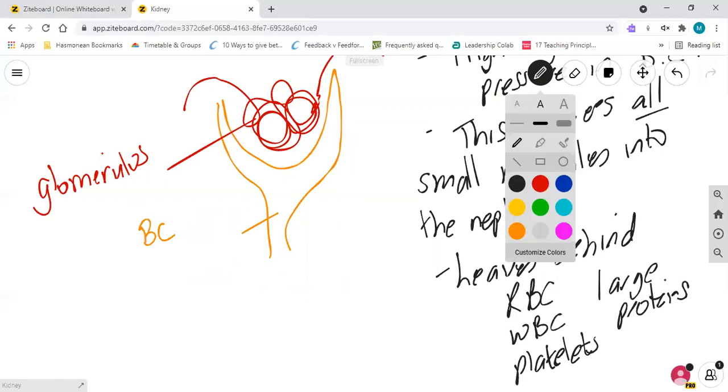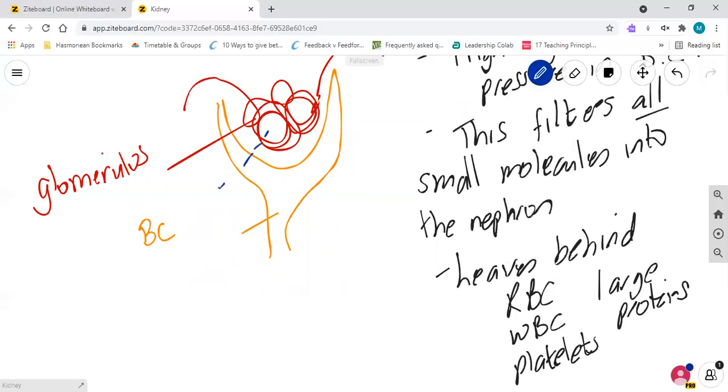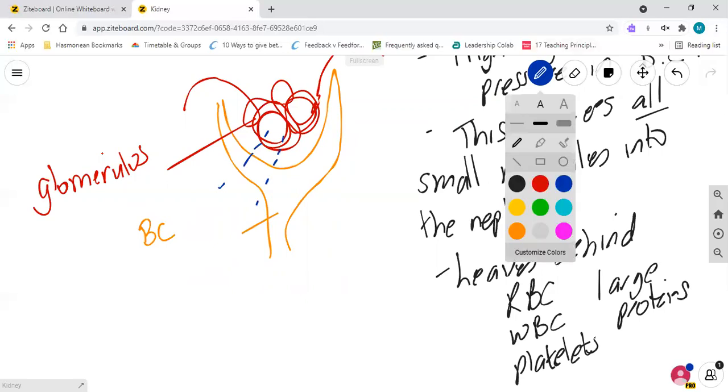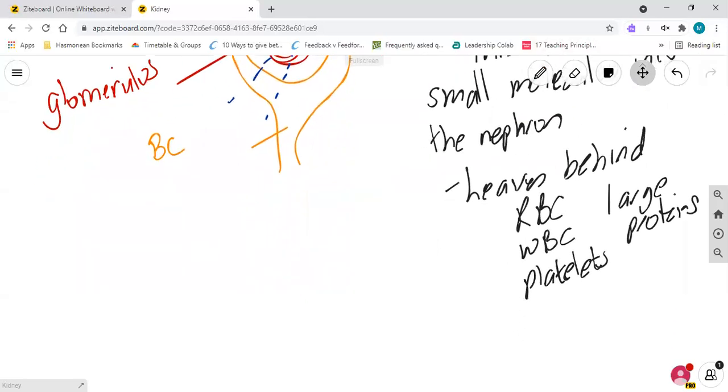So let's take a sort of cross section through this area. Okay, so what do we have? If we think about what we have, we first of all have our capillary.